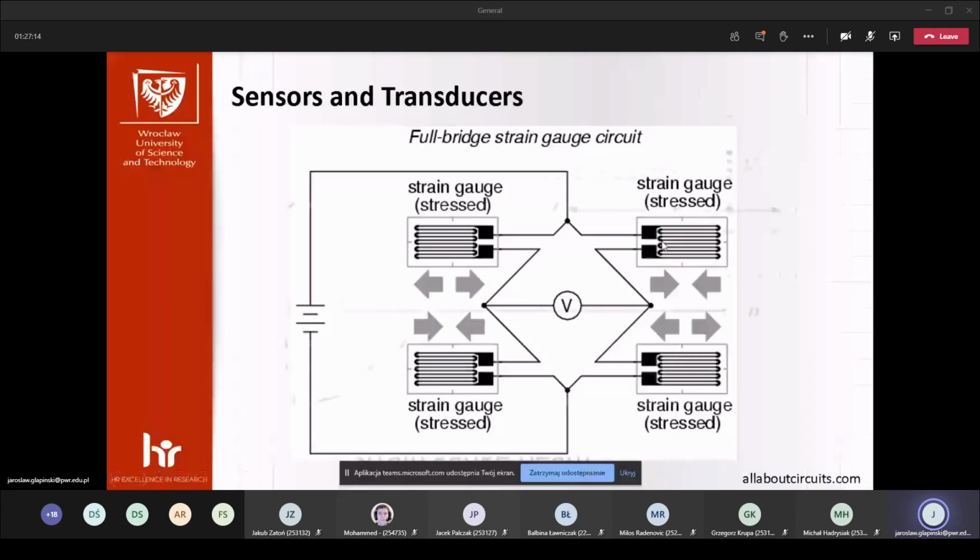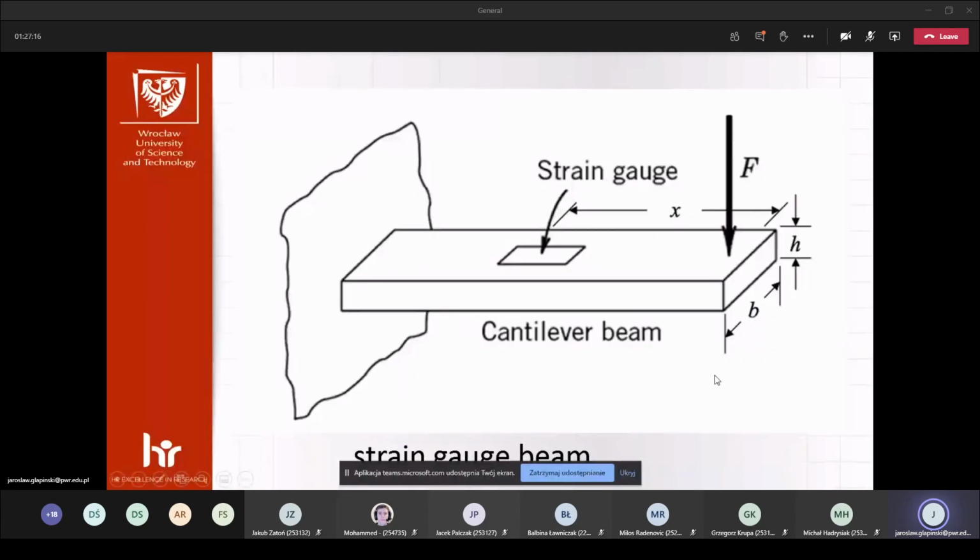Okay, generally for some force measurements, we use a strain gauge beam. So we've got a beam and we glue a strain gauge, one on the upper side, one on the bottom side, or four of them here.